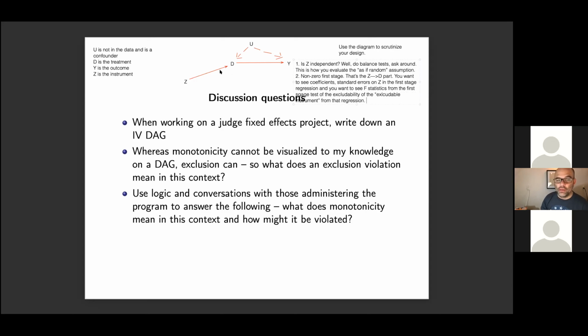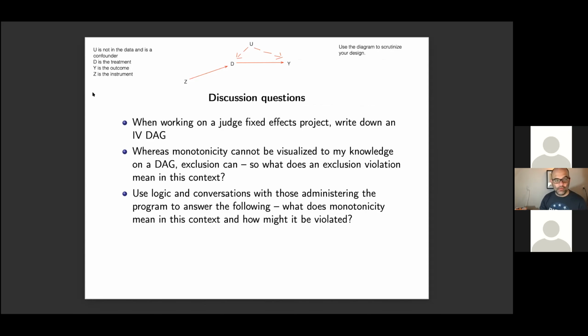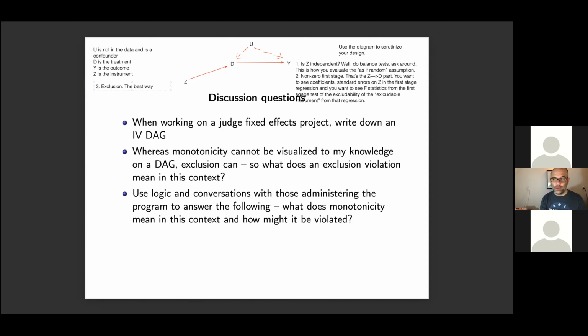Okay, so this is independence. This is first stage. But then 3, exclusion. The best way to assess exclusion is to do this.